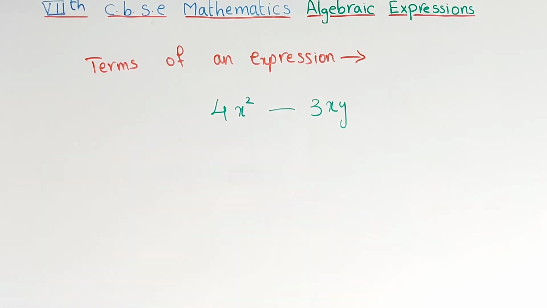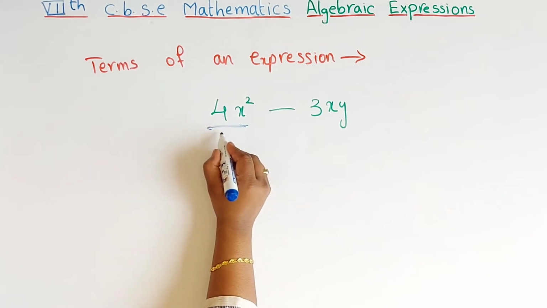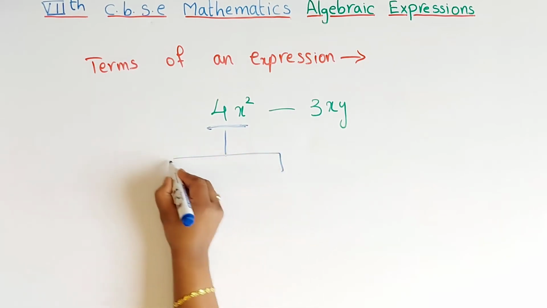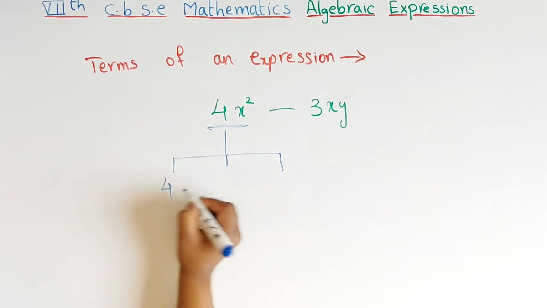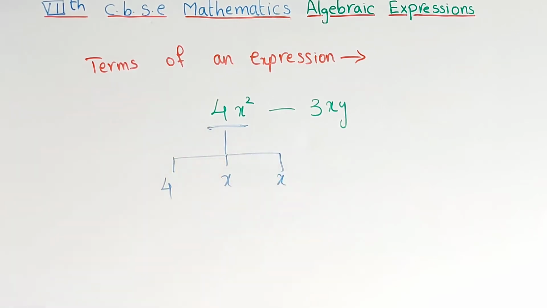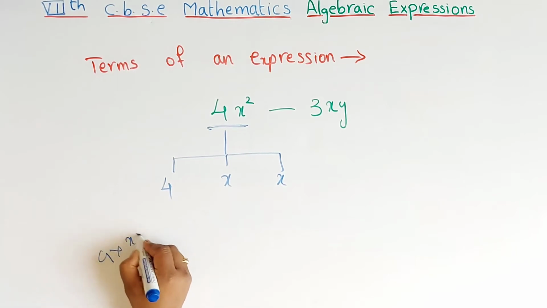In these terms, we have factors and coefficients, children. We'll see the first term now. 4x square. How will we write 4x square, children? It is 4 into x into x. 4 into x into x is 4x square, right, children?